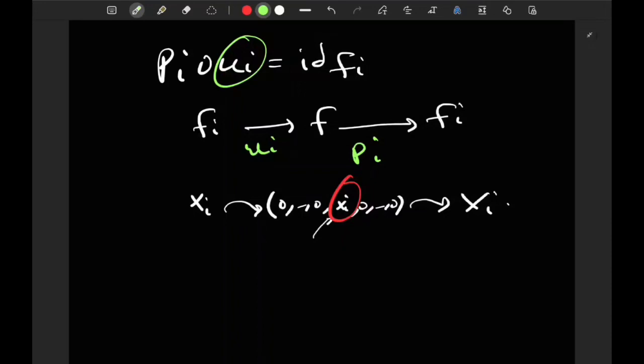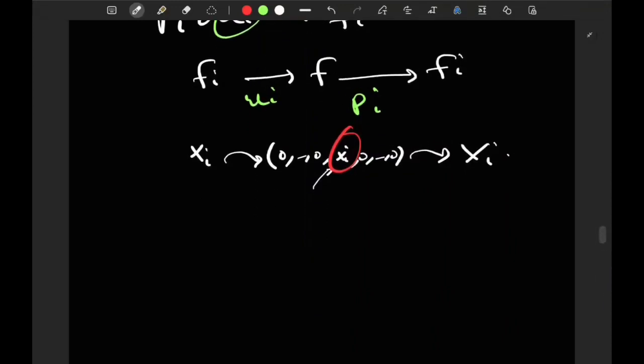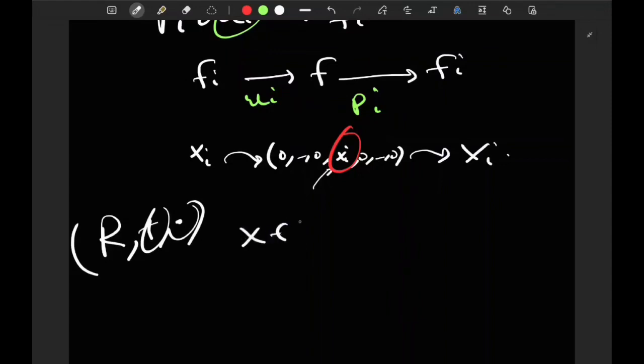PI does not have an inverse to the left, and UI does not have an inverse to the right. Just to be clear, this concept of a left or right inverse is coming from ring theory. If you have seen some ring theory, you would know if you have a certain ring with the plus and dot, the binary operation which makes it into a group, and the dot which makes it into a ring, then generally speaking, an element x of R, although it has an inverse with respect to addition, does not necessarily have an inverse with respect to multiplication.